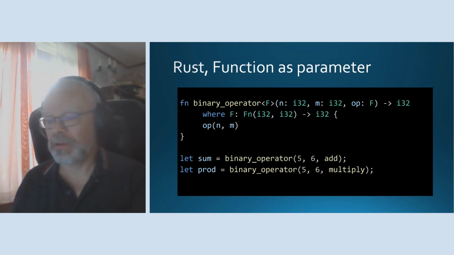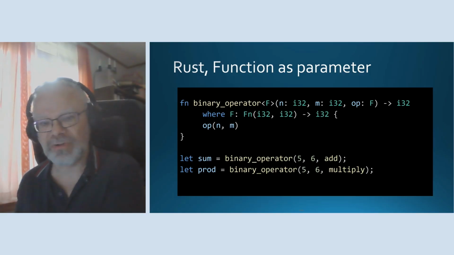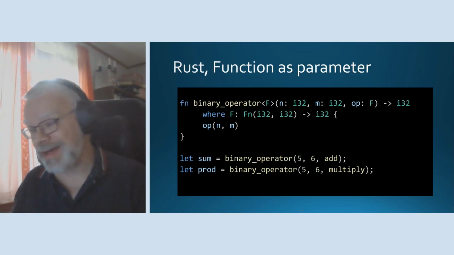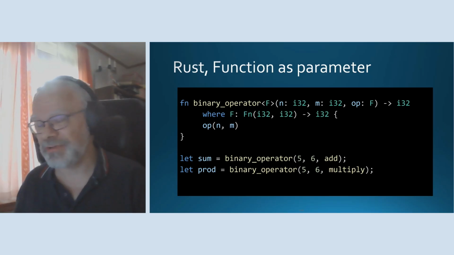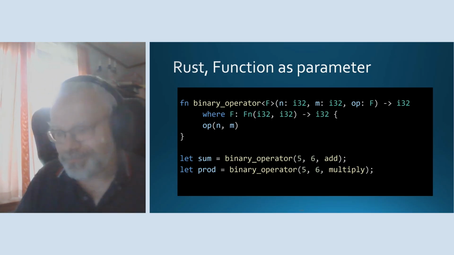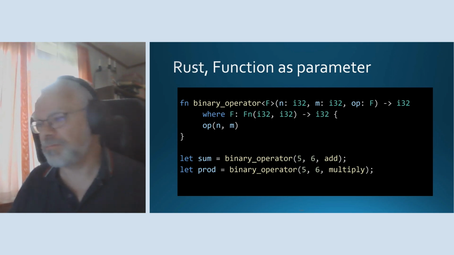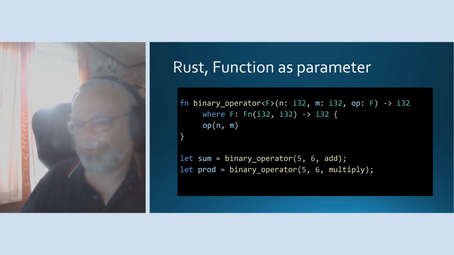So we can call binary operator with 2 values and a function that we want this to execute. First we do it with add, and then I do it with multiply, given that add is a function that takes 2 integers and returns 1, multiply the same. So it's doable in Rust. A bit clunky, but works fine.